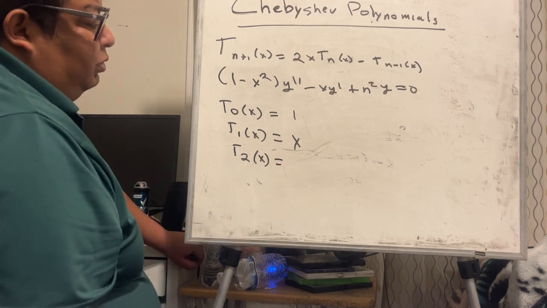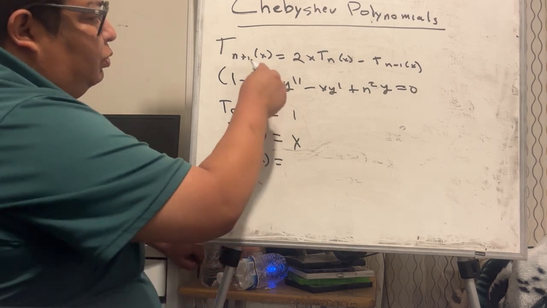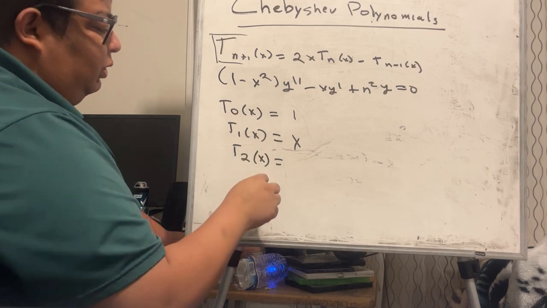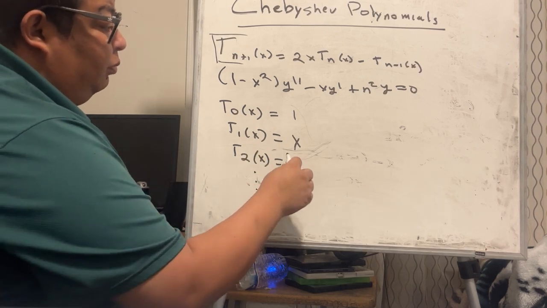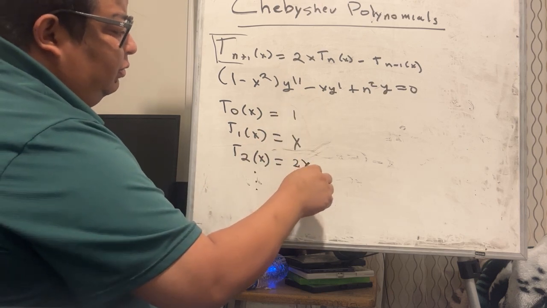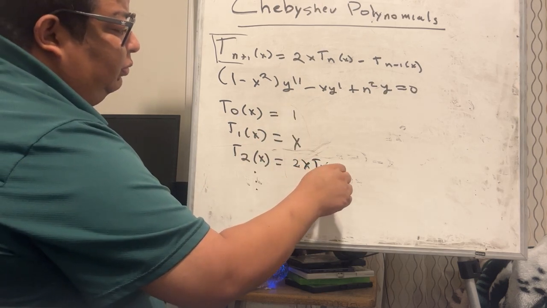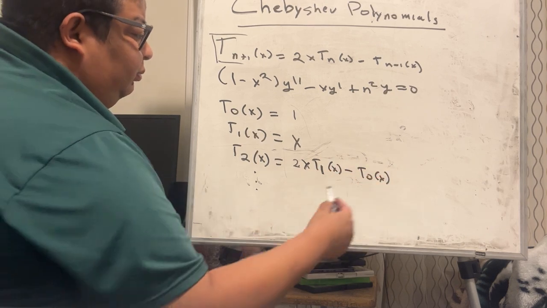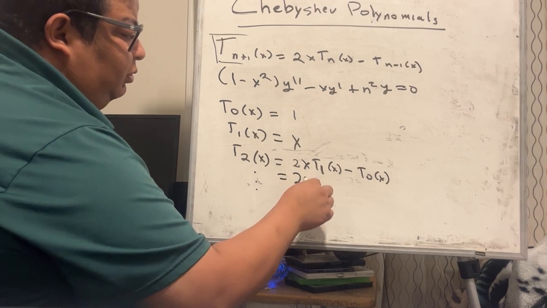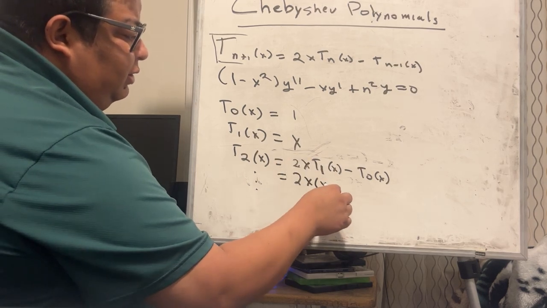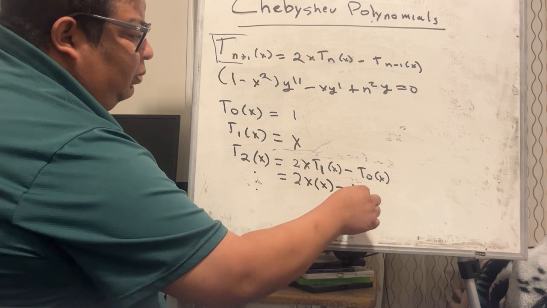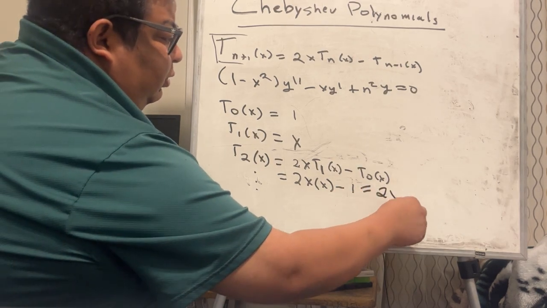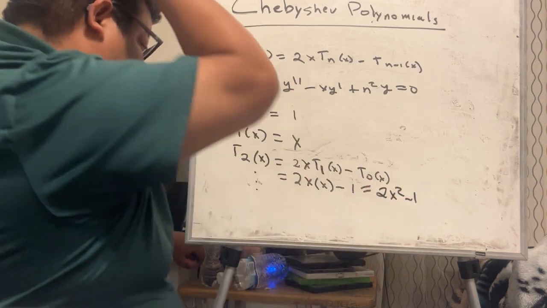Then we can use the recursive formula to compute the other ones, and this can keep going. It says that 2x times T1 of x minus T0 of x is equal to 2x times x minus 1, which equals 2x squared minus 1.